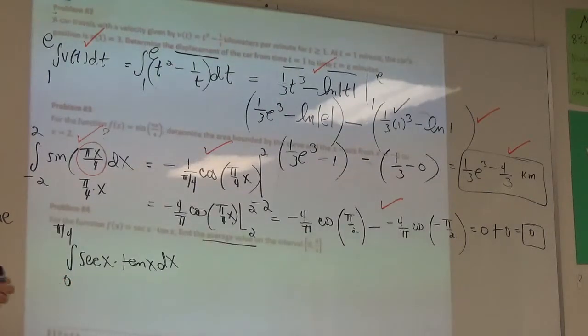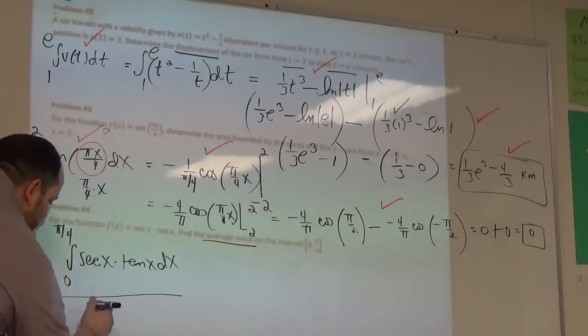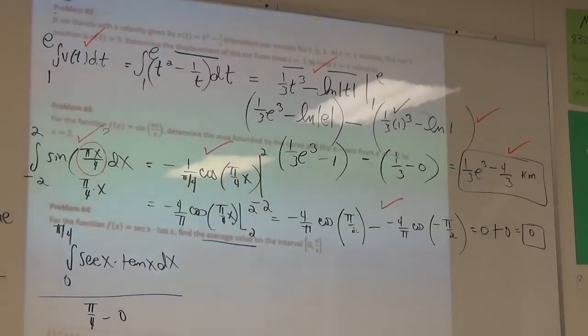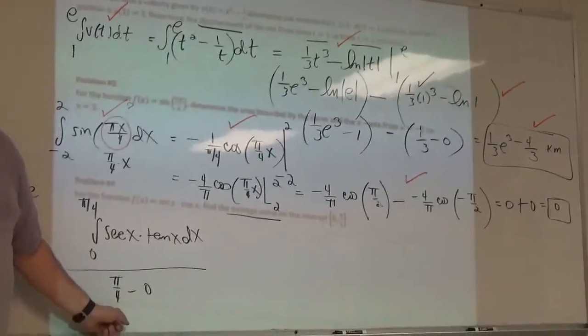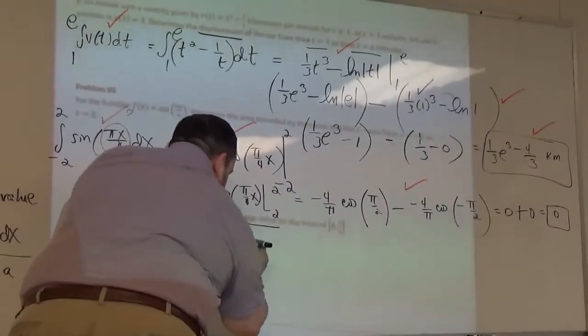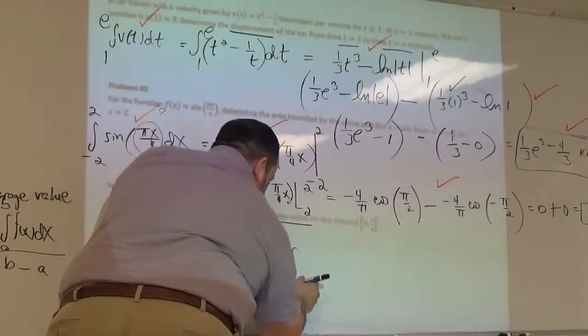But you need average value, so stay with me for a second, divided by pi over 4 minus 0. Pi over 4 minus 0 is really pi over 4, but Jose, because you're dividing by pi over 4, that's the same thing as multiplying by 4 over pi.